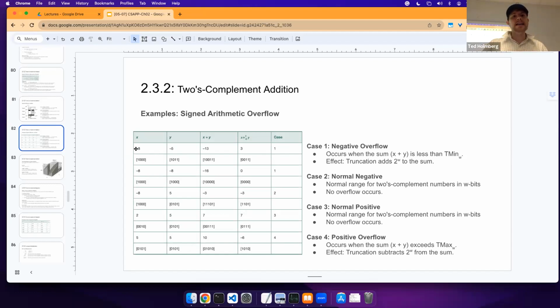Given a -8 and a -5, let's see if we can define our terms as well. So while we're reading through this, what's the most negative term I can have in this instance?